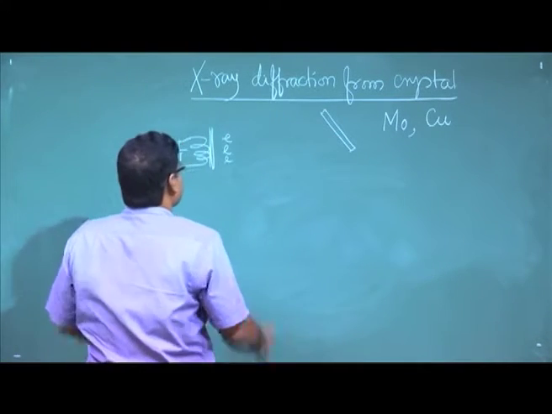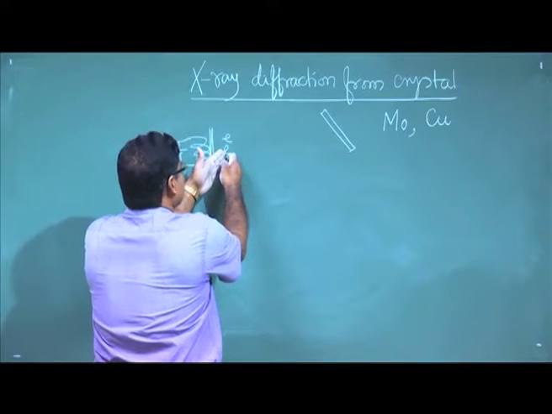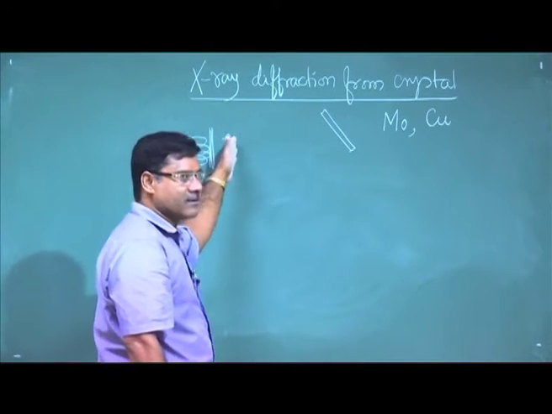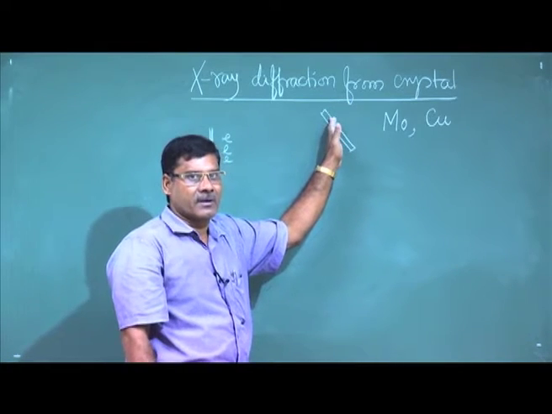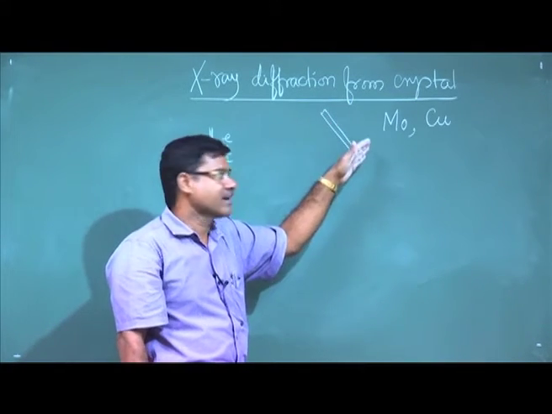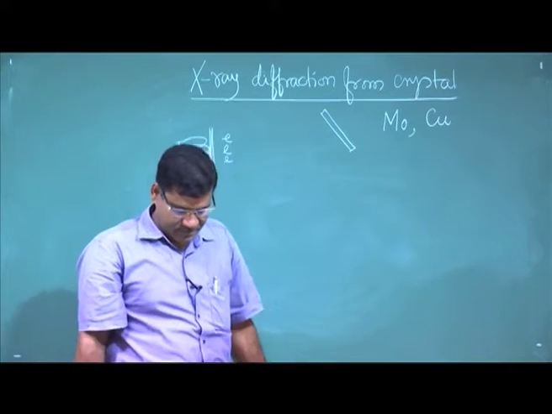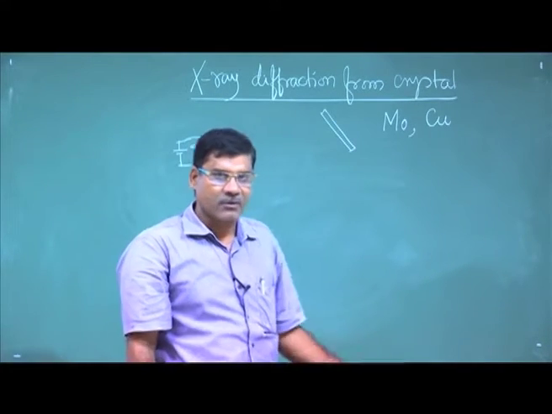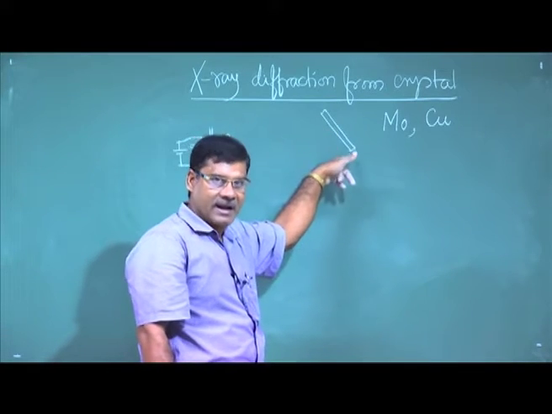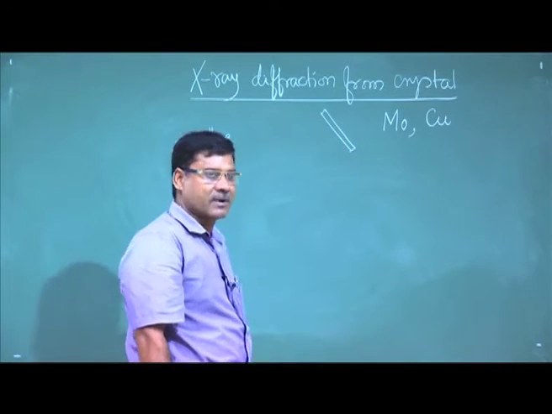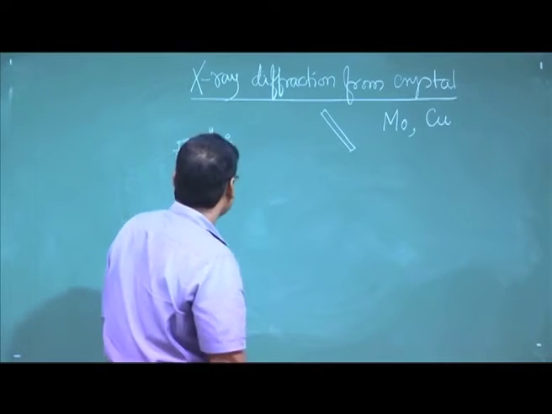Now this electron is emitted, but we want this electron to be accelerated and hit this target. When it hits this target, then from this anode X-ray will come out. So, X-ray will be generated there and it will come out. Okay. So, how it is generated I will tell you.